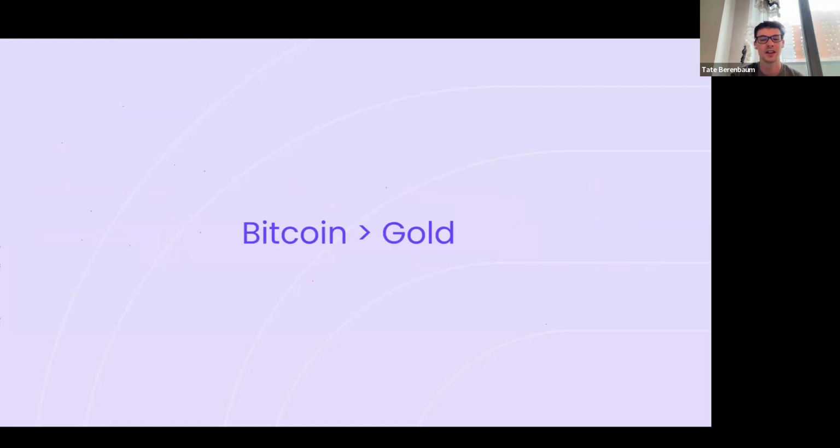What I'll leave you with is that Bitcoin is better than gold. If you compare the mechanism designed for Bitcoin to the mechanism designed for gold, Bitcoin, I believe, is superior, because gold does not account for the fact that you are incentivized to look for gold in as many places as you can.